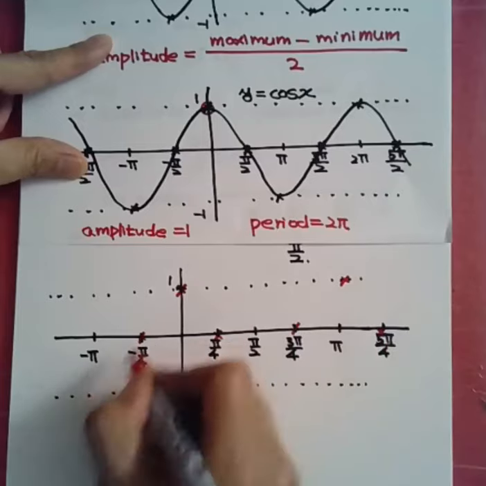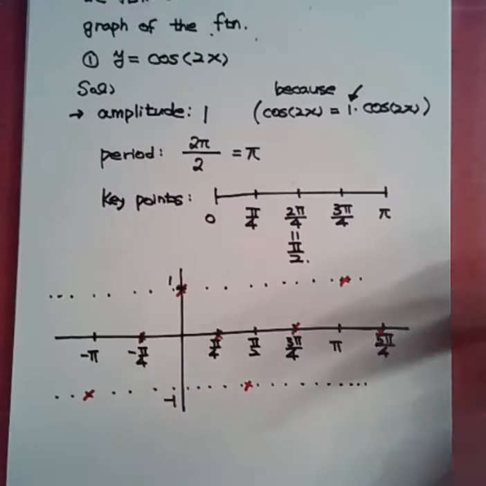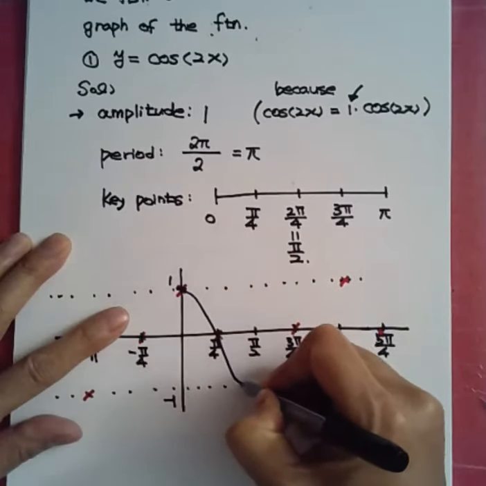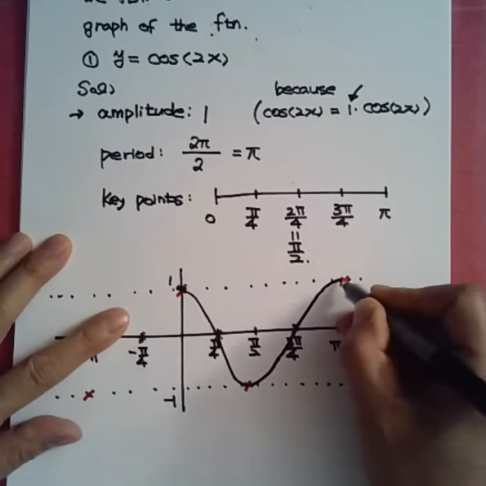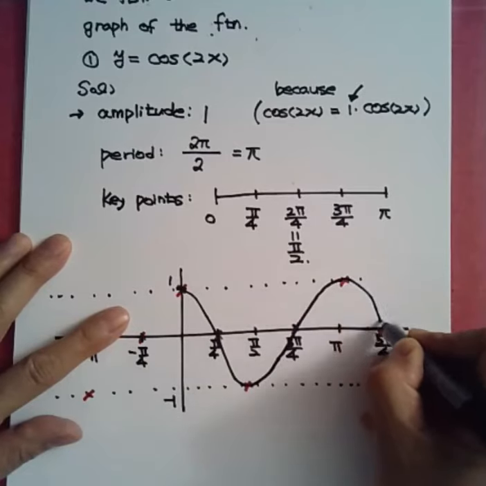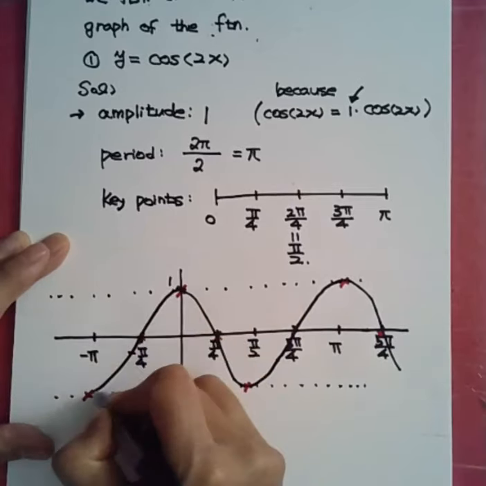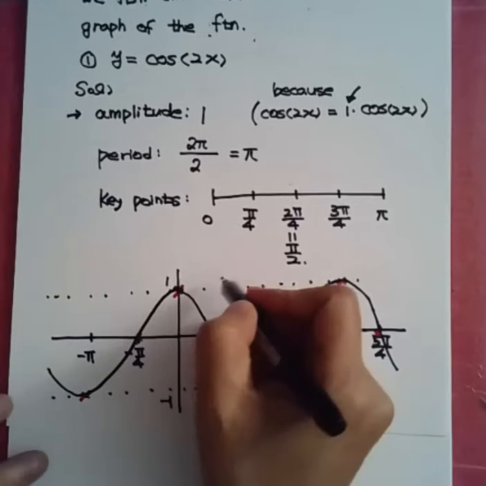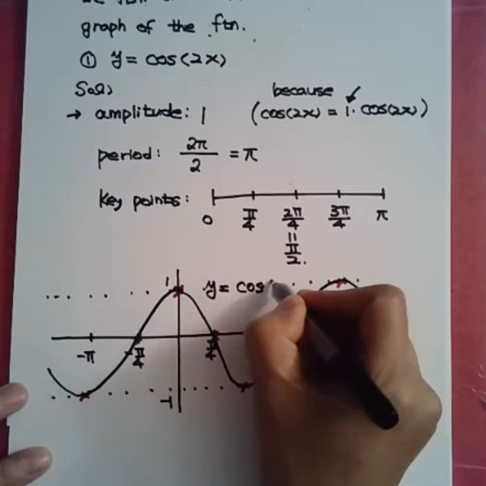Just the pattern continues because this is a periodic function. This is the completed graph of y equals cosine of 2x.